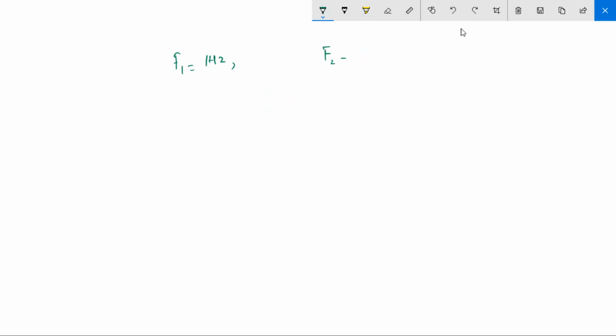One is the frequency of 1 hertz, another frequency of 5 hertz. The sampling frequency is 4 hertz. Both the signals are sampled at this sampling frequency.